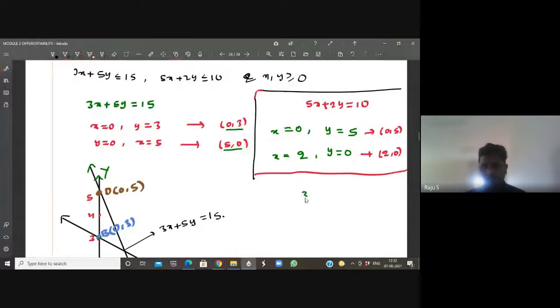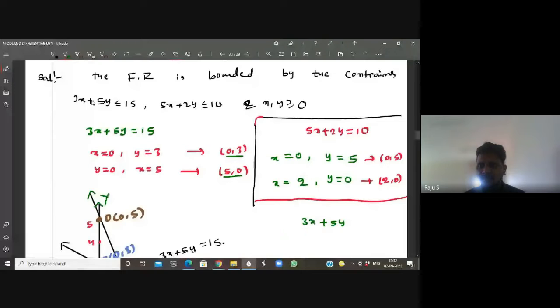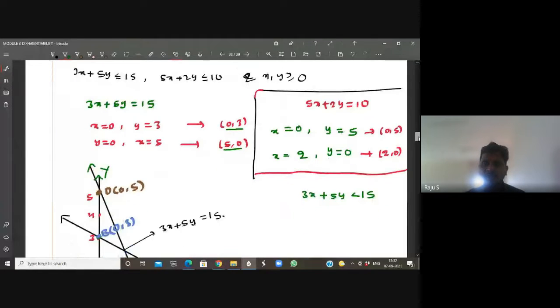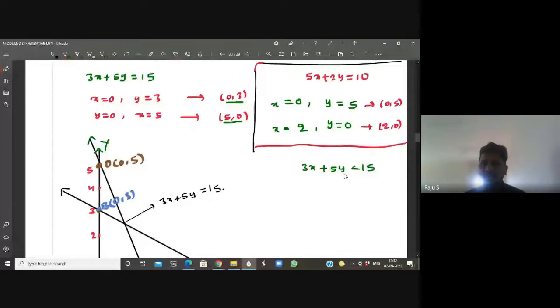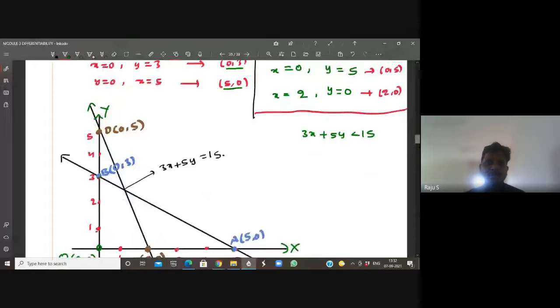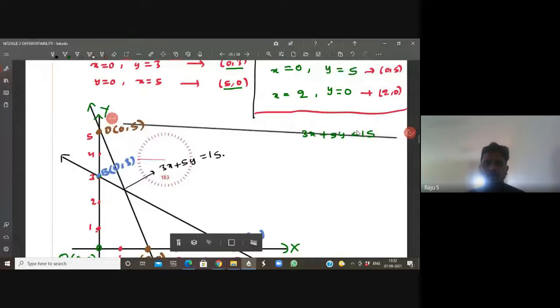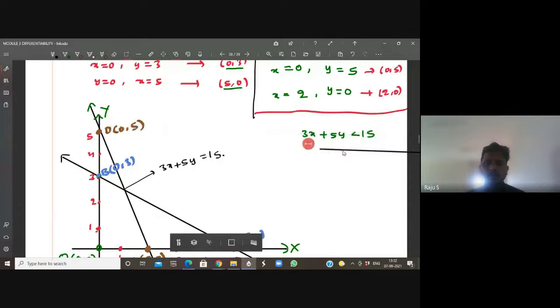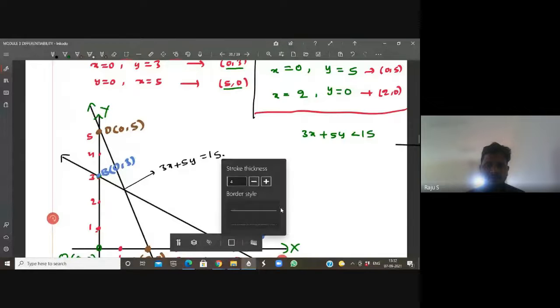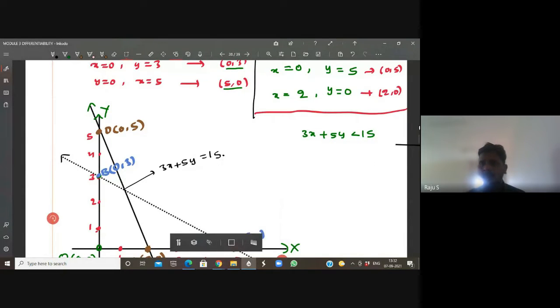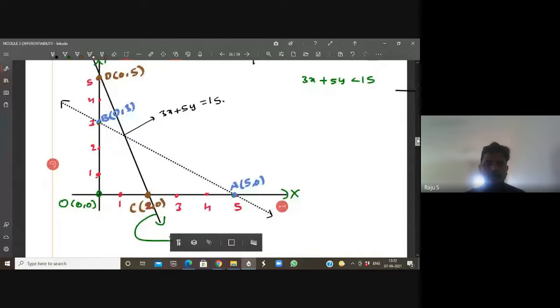First, 3x plus 5y is lesser than 15. I'm going to find the solution region for this inequality. This is the line 3x plus 5y is equal to 15.